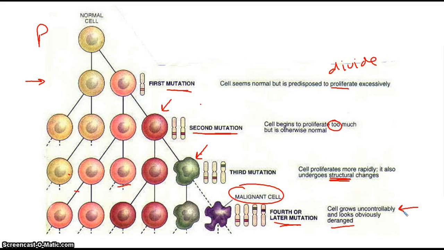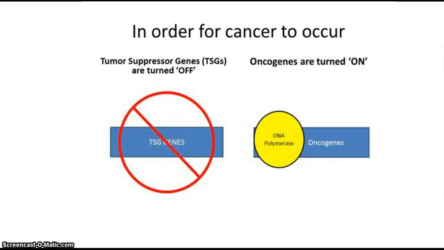So let's look at what genes are responsible for controlling cancer. When we talk about cancer, one of 2 things usually has to occur. One is we have these genes called tumor suppressor genes. Normally they're turned on because they suppress tumors. They keep us healthy. They keep cells from dividing too much. And when we run into trouble is when those tumor suppressor genes get turned off.